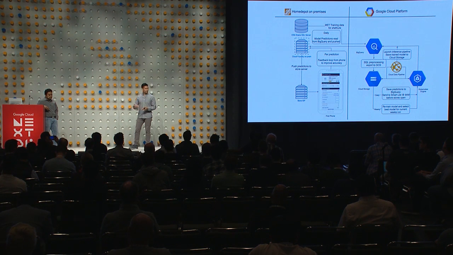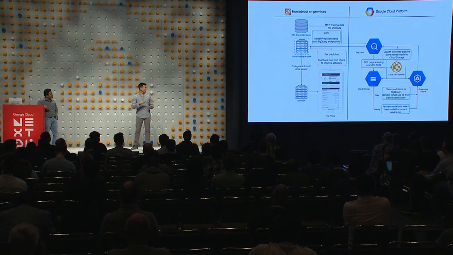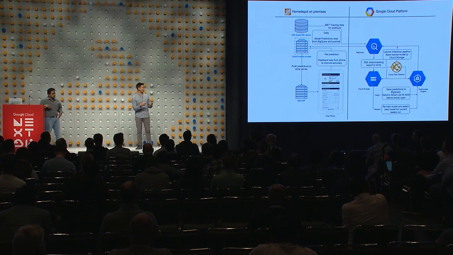So if you look here, all of our data is sitting in BigQuery. If you attended the talk that we had, Home Depot had another talk about our EDW migration from our on-prem systems to BigQuery. That was a huge enabler of this project.